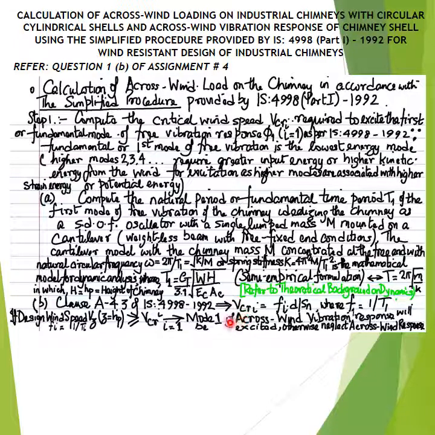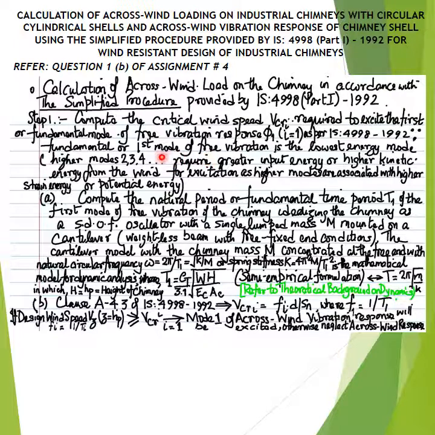Therefore we need to calculate only the critical wind speed VCRI for I equal to 1, that is VCR1, that is required to excite the first or the fundamental mode of free vibration response of the industrial chimney structure.